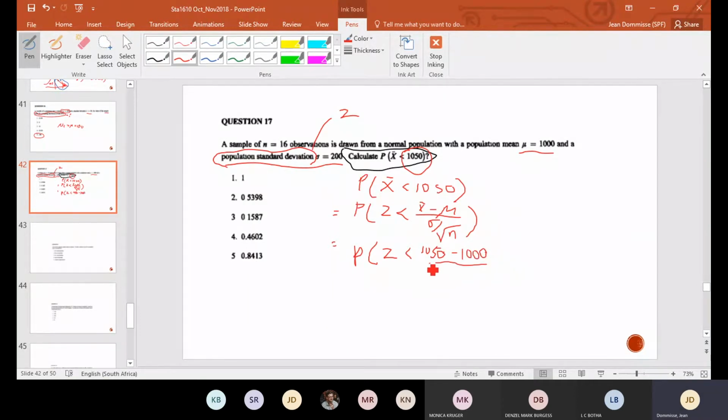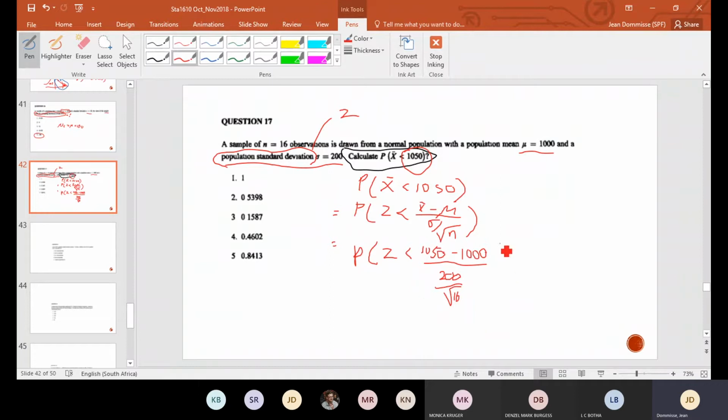We divide it by the standard deviation, that was 200, divided by the square root of n.